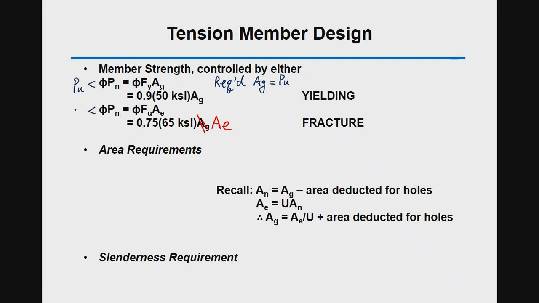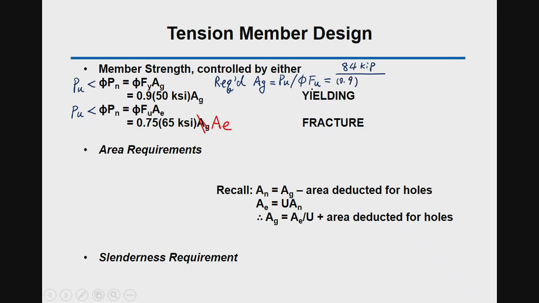So required AG would be PU divided by phi Fy, and plug the controlling PU into the equation. PU is, as we just determined, 84 kips, divided by phi for yielding, which is 0.9.